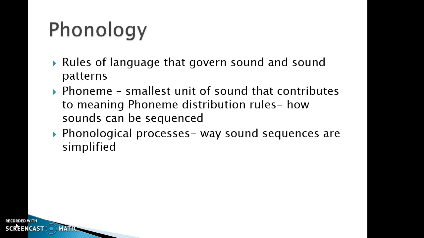And then phonological processes is really talking about ways that we can simplify the complexity of sound sequences in ways that make it easier for us. And so typically we think about that for young children.